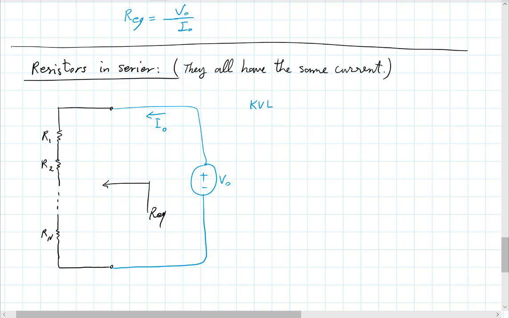Okay? You might say that's the definition of being in series. So if I apply my KVL here and do a little bit of manipulation, I'll get I naught equals V naught divided by the sum of all these resistances. And so I can then immediately extract the equivalent resistance from that.